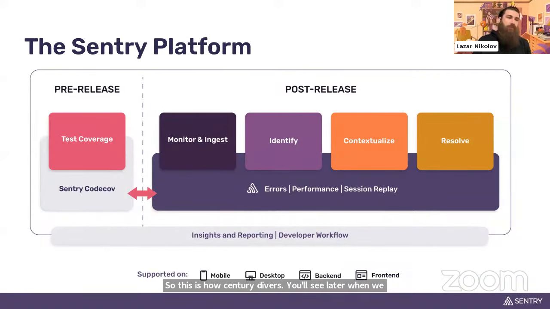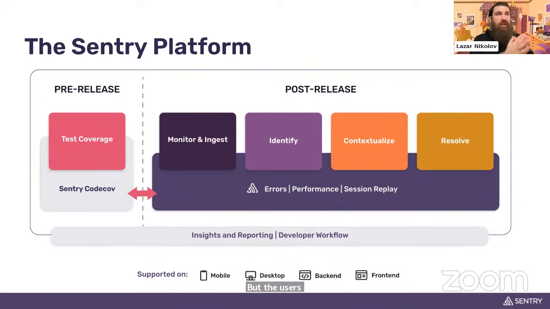This is where Sentry fits into your whole workflow. It's mainly post-release, right? You're building an app, you push it to release, and that's where you must keep an eye on your errors, on your performance bottlenecks, etc. Because you might have tested everything locally on your computer at the office with high-speed internet, but the users won't be in that situation, right?